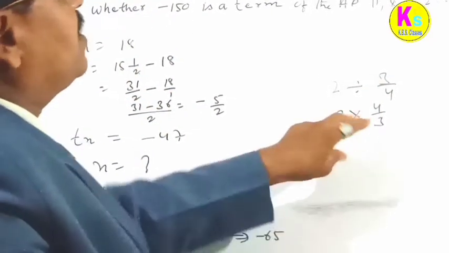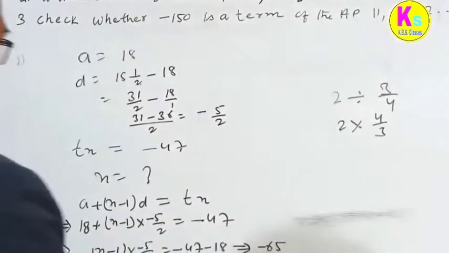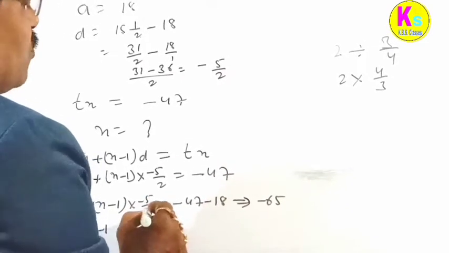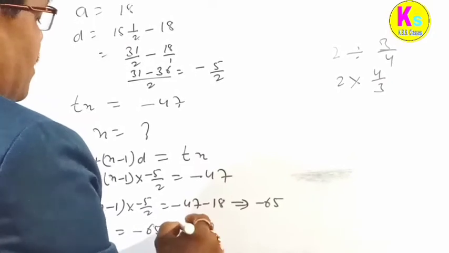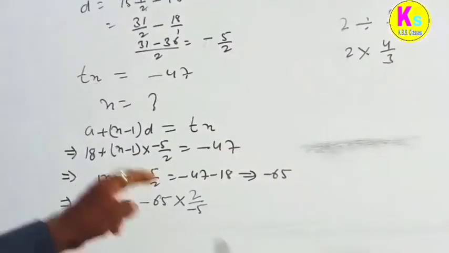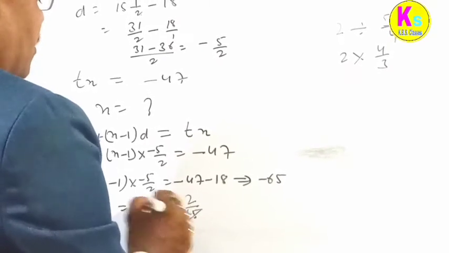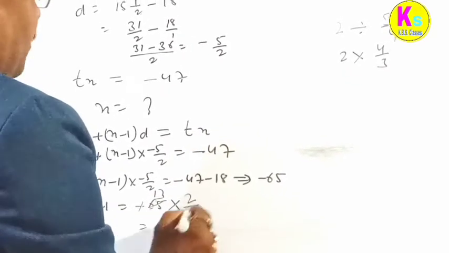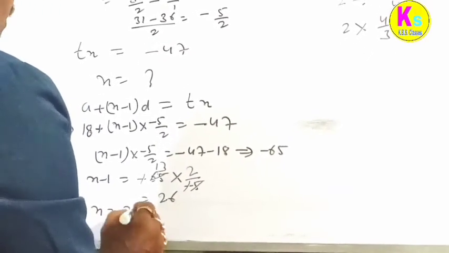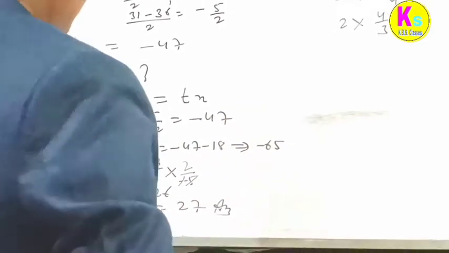When you are dividing, the number will be inverted. So here, when minus 5 by 2 is taken to the right hand side, it will be inverted to 2 by 5. That means I have divided it, not multiplied. Minus cancel, 13 5s are 65, multiply it, 13 twos are 26, and then n is equal to 26 plus 1 is equal to 27. So this is the number of terms.